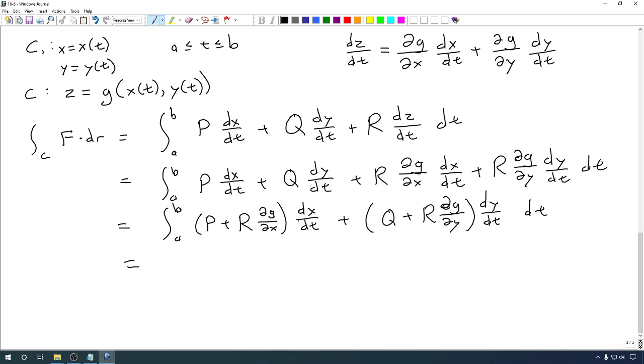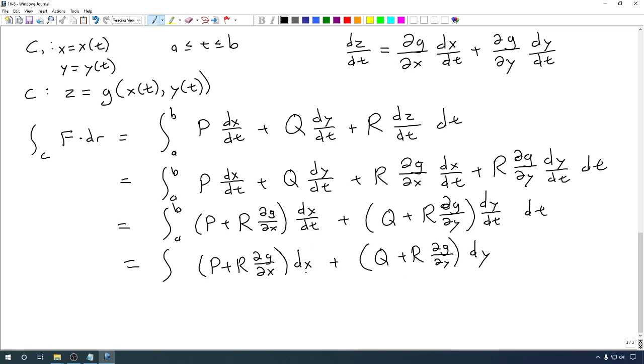And then, when we actually have this form, this is really just the integral of P plus R times the derivative of g with respect to x, dx, plus Q plus R times the derivative of g with respect to y, dy.